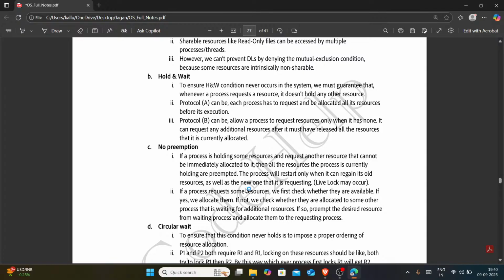If a process requests some resources, we first check whether they are available. If yes, we allocate. If not, we check whether they are allocated to some other process that is waiting.